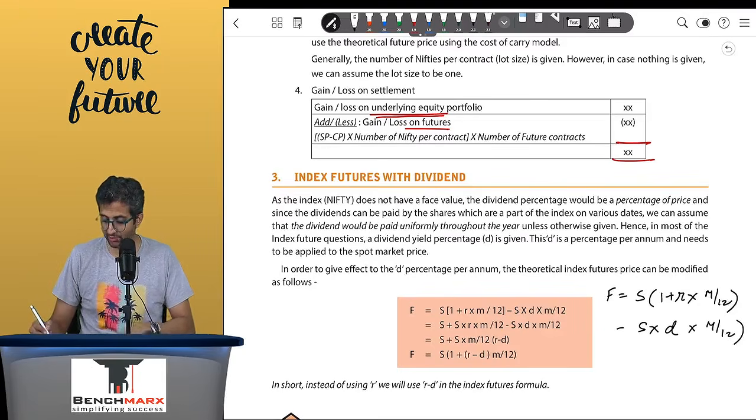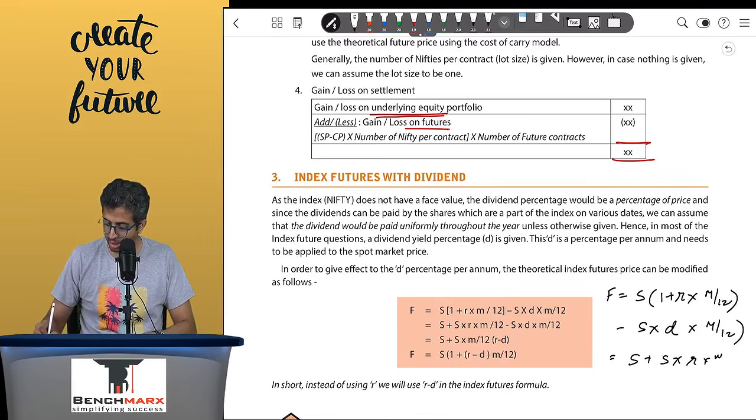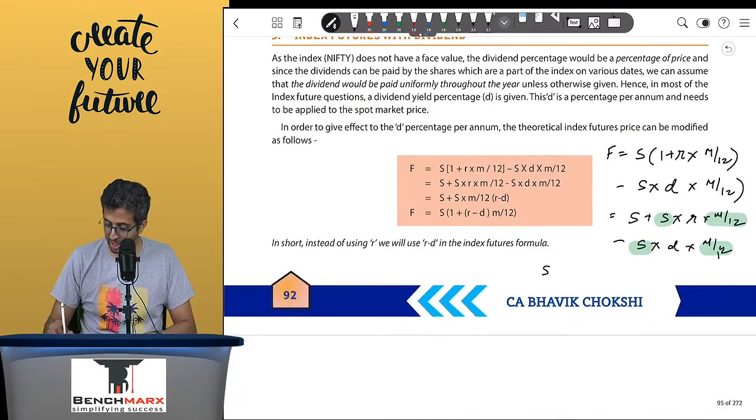So if I open these brackets, this is S plus S into R into M by 12 minus S into D into M by 12. If I take S into M by 12 common, my workings would be S plus S into R minus D into M by 12.